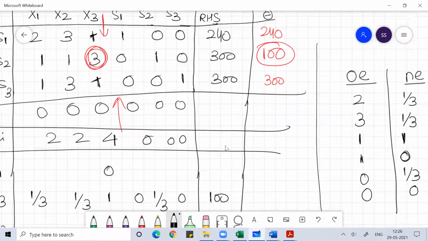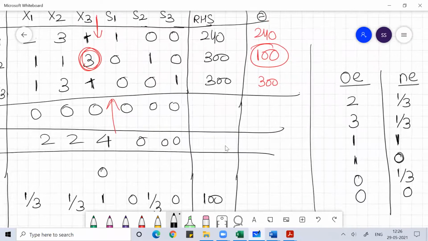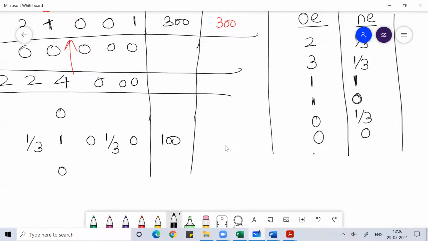I'm doing the old element for S1, right? The RHS was 240. For this, the RHS is 100.